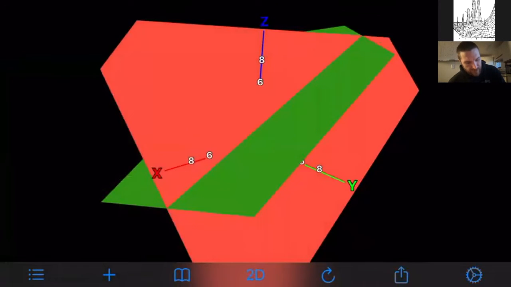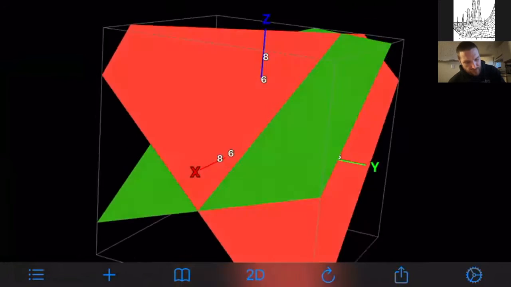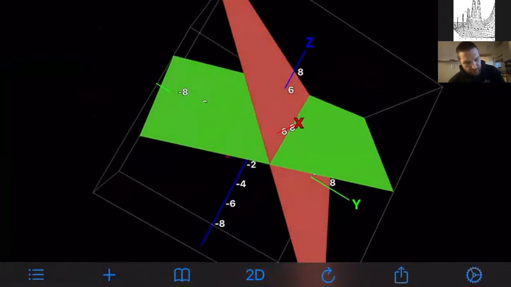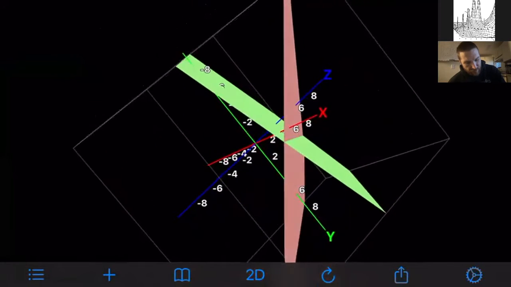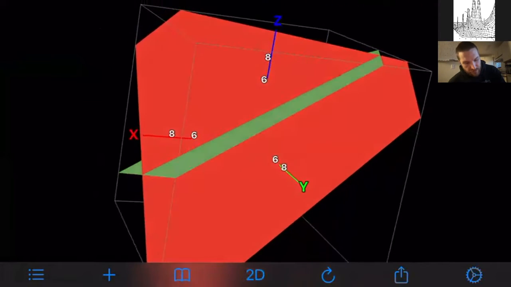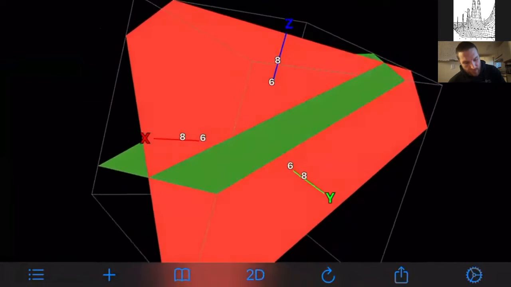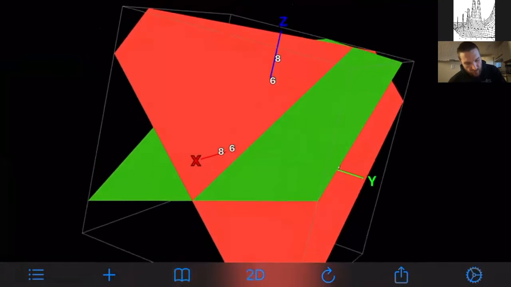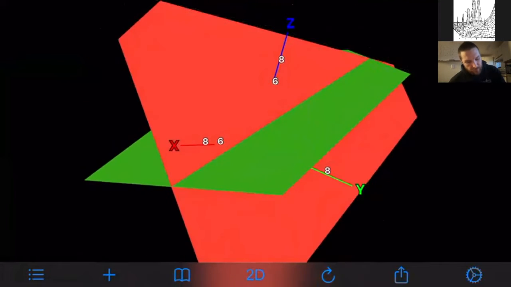It looks like that. And you can see that the intersection of those is a line, right? On that line, those are the points in 3D space, in other words, the x, y, and z that satisfy both of those equations simultaneously.